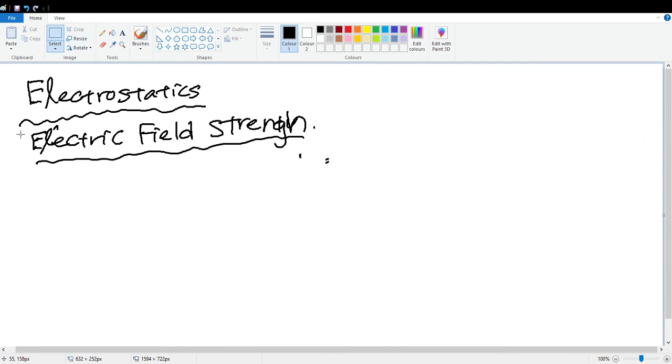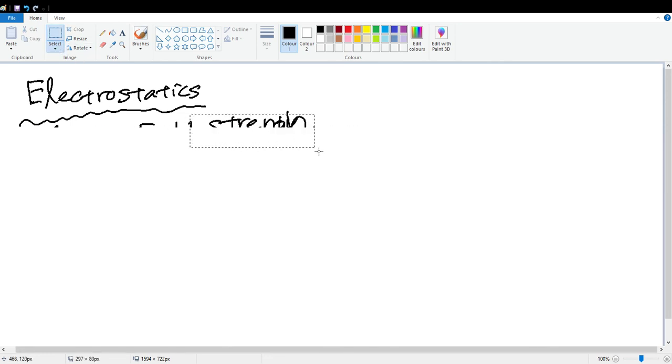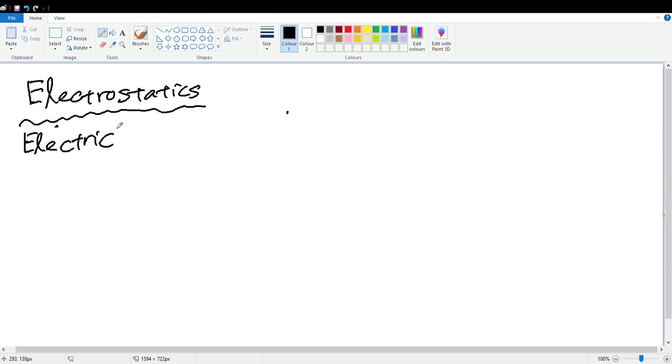So let me erase this one. Since the electric field strength, or the electric field, is represented in the form of electric field lines, what we need to discuss in the next subtopic is the electric field lines by a point charge.